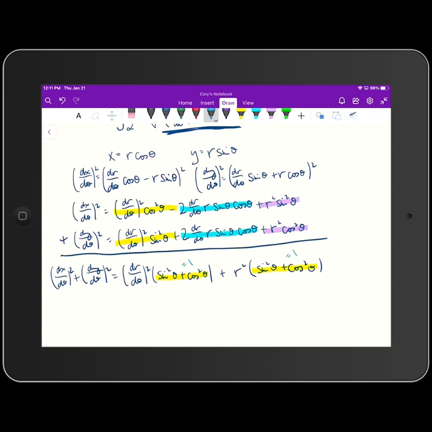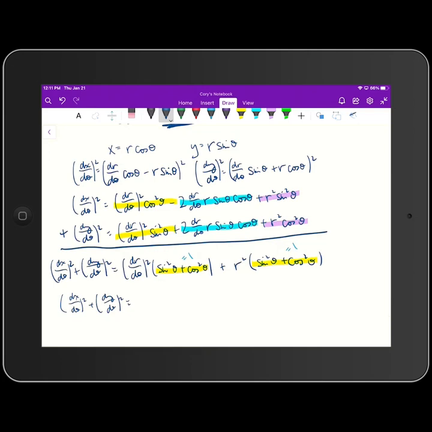So that gives us (dx/dθ)² plus (dy/dθ)² is going to be equal to, I'm just going to reorder the terms on the right-hand side.